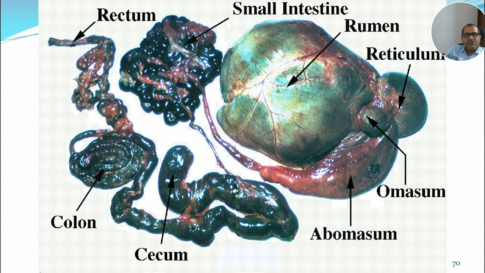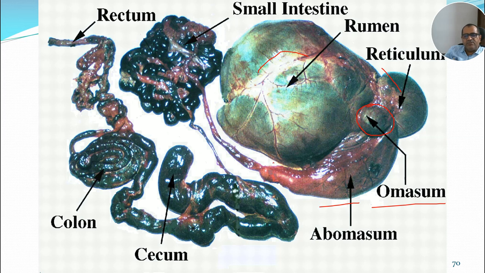Especially this very big vat is called the rumen. Then the second is the reticulum. Then the third, a small organ, is known as the omasum, or the stomach with lots of pores. And ultimately, the fourth stomach is the abomasum.